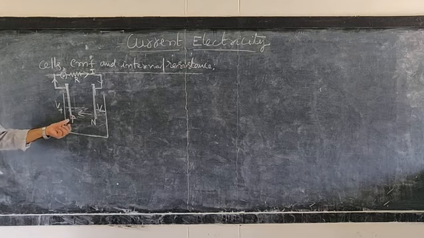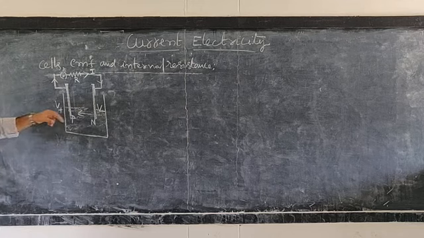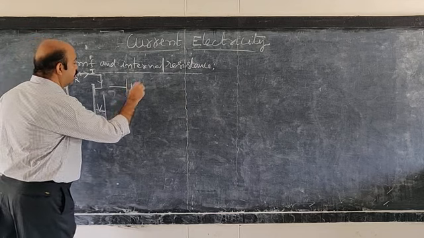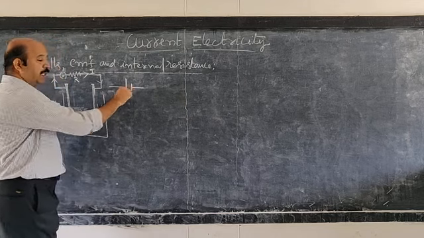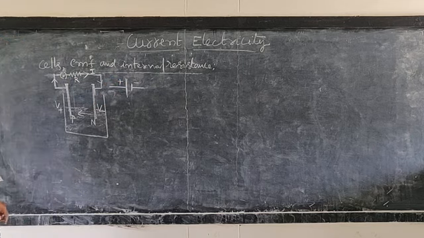To show which is the positive terminal and which is the negative terminal, in any electrical circuit a cell is represented symbolically like this. This line is bigger than this one. So this indicates positive potential, this indicates negative potential.